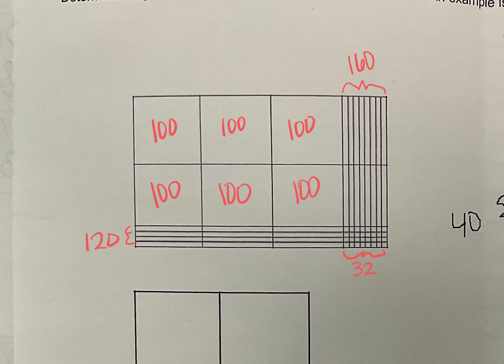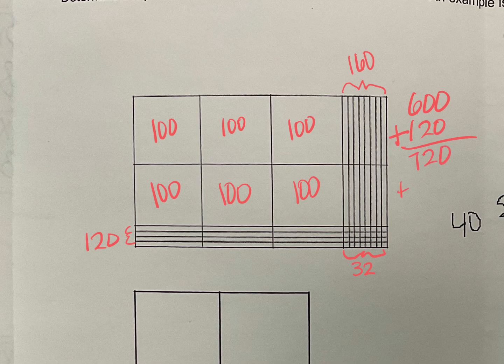Okay, so what can I do with these numbers? What am I going to do with these numbers? What am I going to do, Gavin? I'm going to add them. Let's start with the hundreds. I've got how many hundreds? 6. Okay, so I've got 600 plus 120. I'm going to add those. That's 720.